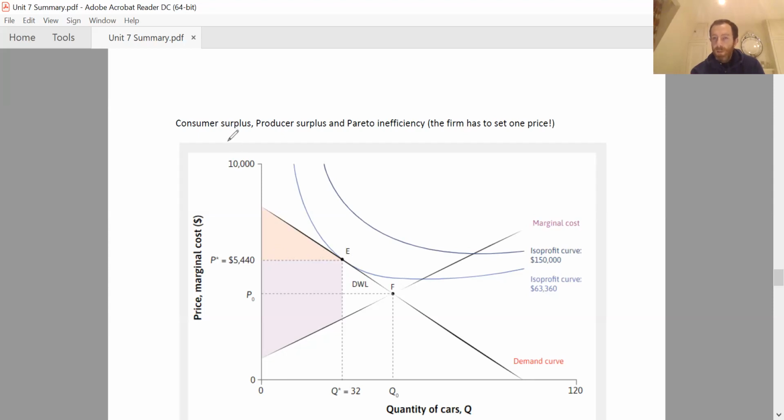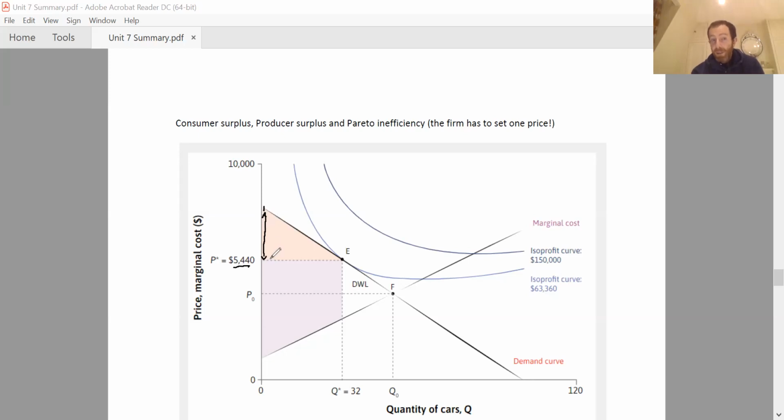What we mean by consumer surplus is the benefit that consumers are getting. We can see that for the first car that was sold, we have a consumer who was willing to pay a much higher price, but they're only paying this lower price, 5,440. So that gap is a big benefit to that first consumer. They feel like they've made a big saving.